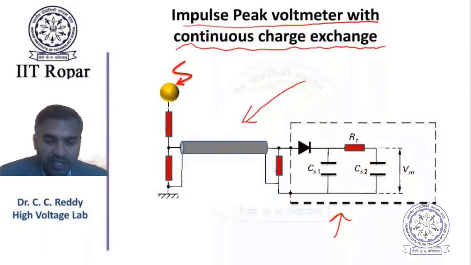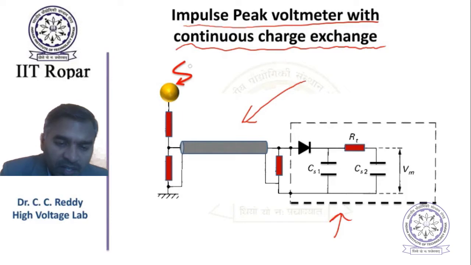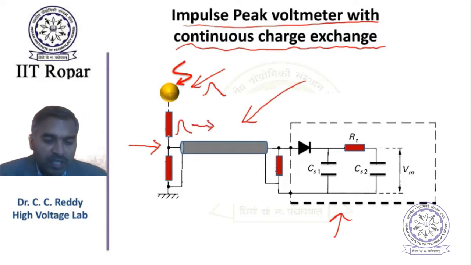Now here this cable simply acts as a transmission line. The impulse, once it is applied here, this is the waveform, right? And then proportionately it will be divided here, and that divided impulse voltage travels on the transmission line.